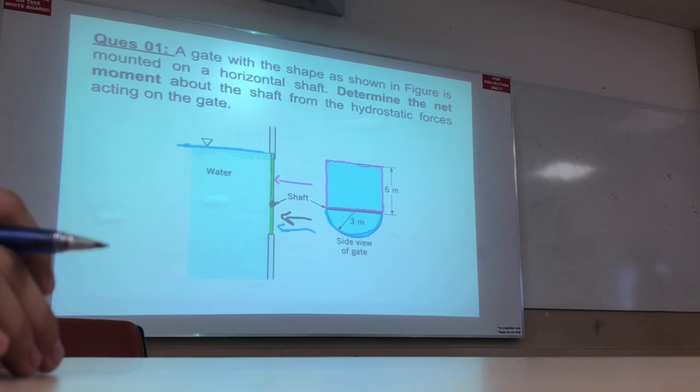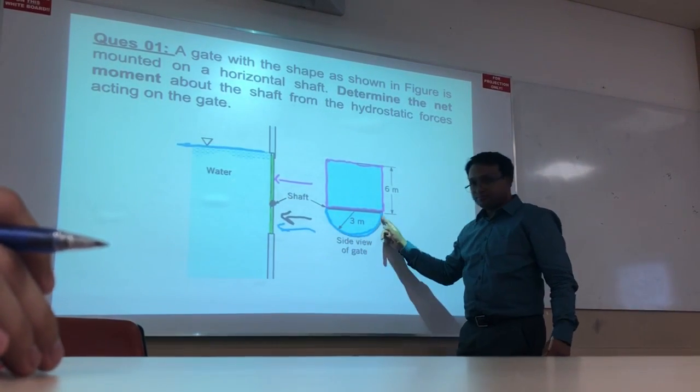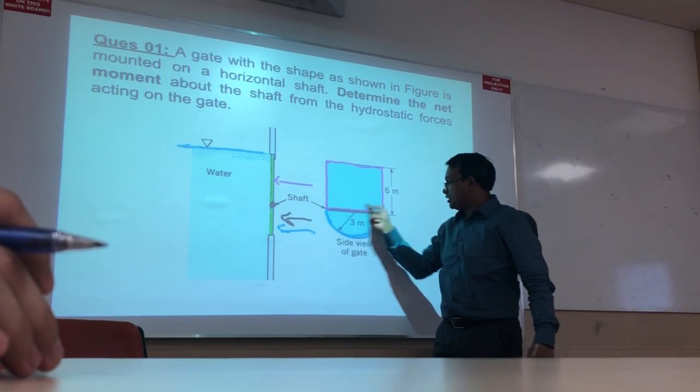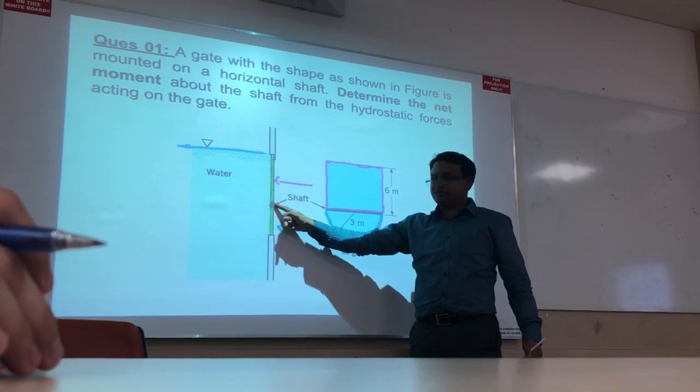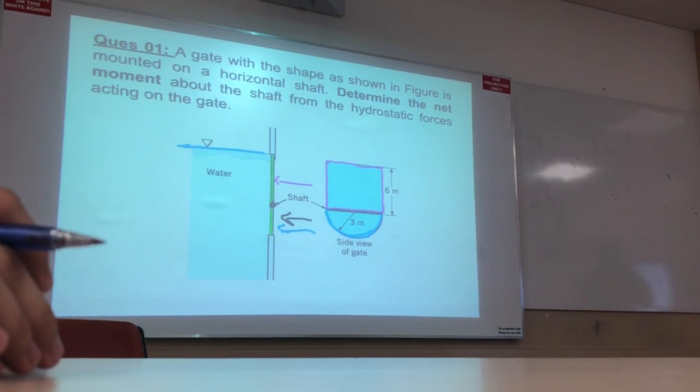Alright, so this is the understanding. If you look at this portion, it is something like this, and that one is something like this, and this indicates the shaft. Like this. So now the question is, determine the net moment about the shaft.